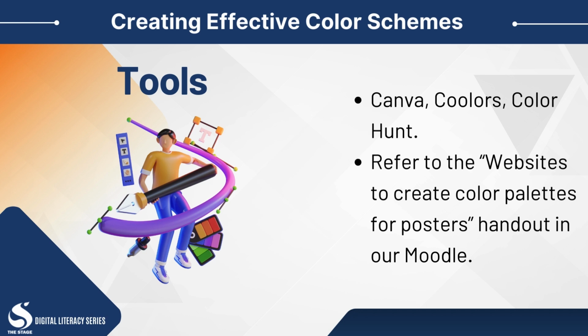There are tools available online that help you generate these, and those include Canva itself, which has a color generator. There's also another website called Coolors and also Color Hunt. These tools assist in experimenting and creating a cohesive color scheme. So, look out for that cheat sheet. It says websites to create color palettes, and that will be available to you in Moodle.